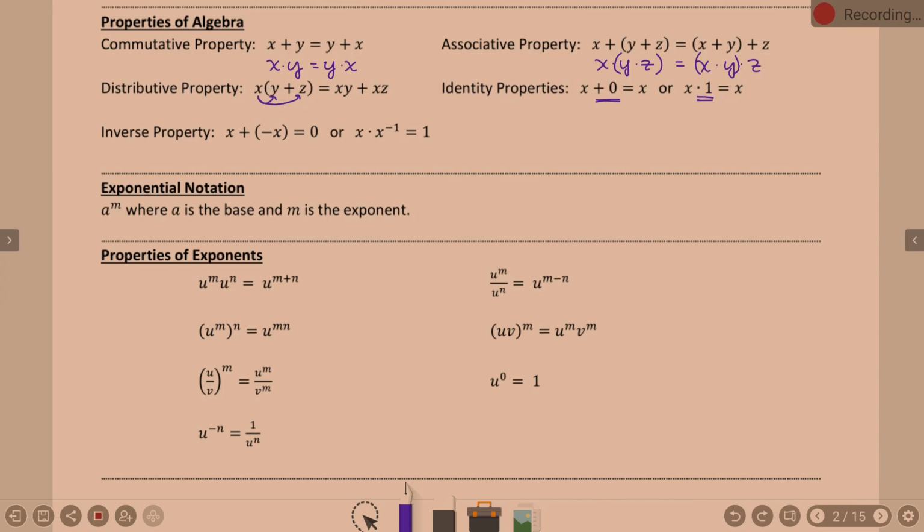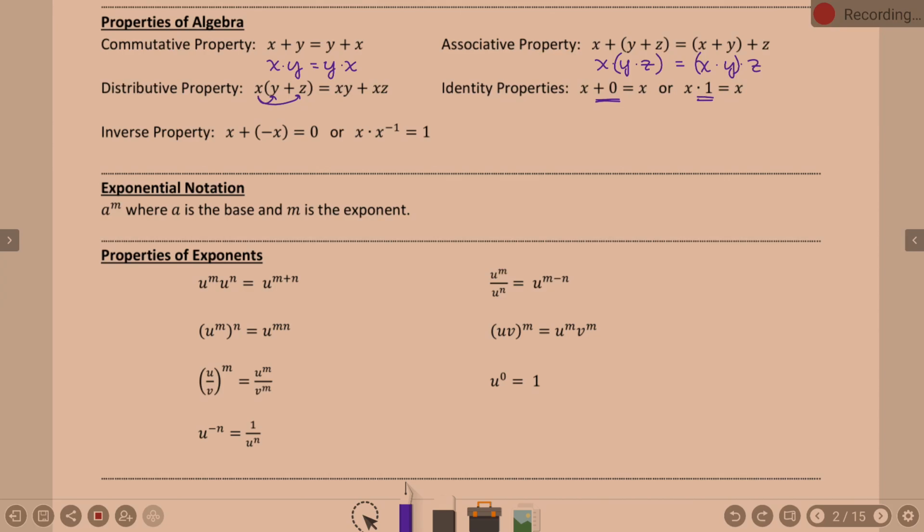And then the last one is the inverse property. Inverse property is basically what do you do to get these identities. So the addition identity is 0. What do you add to x to get 0? And you're adding the opposite, right? The negative. So if I say, what do I add to 5 to get to 0?